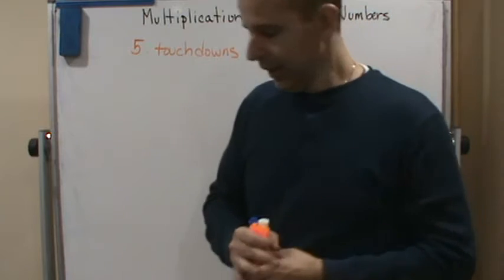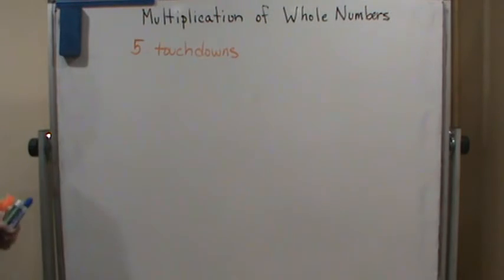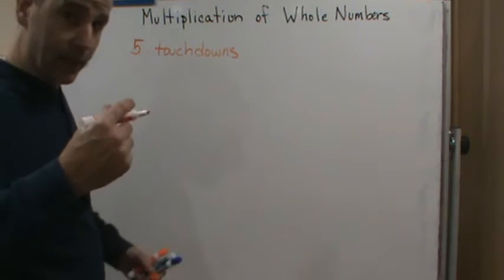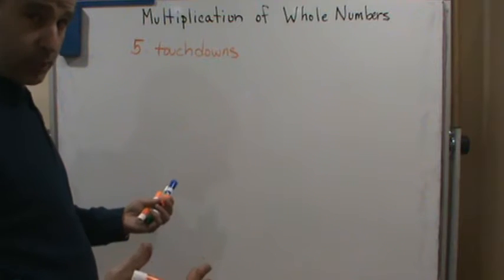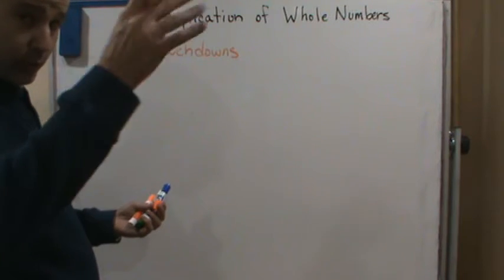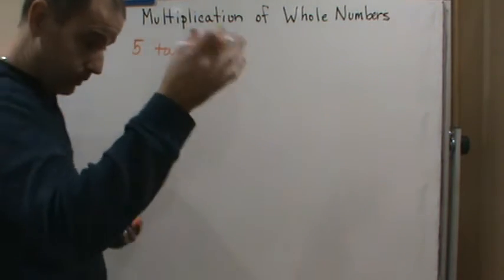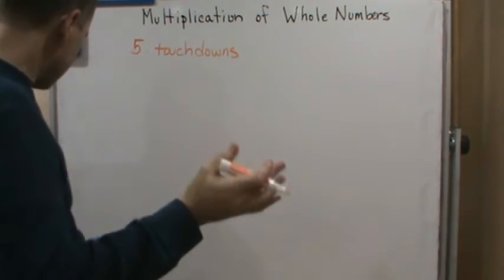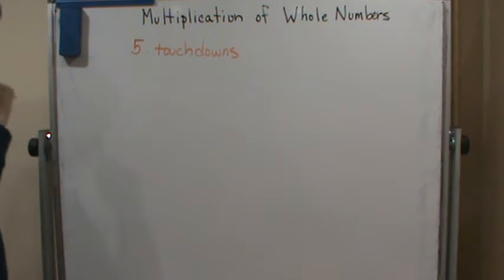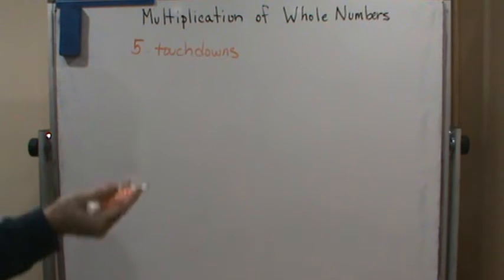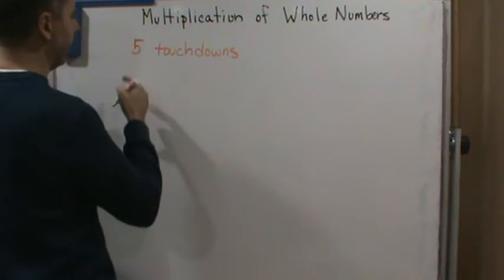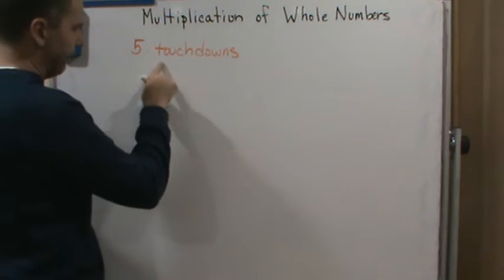For example, if you're watching a game and one team scores 5 touchdowns and you want to know what the score is, well, you can take the fact that each touchdown is worth 6 points, right? Not including the extra point, okay? So 6 points, and if you want to know how many points total that they scored based on that, well, you could say, okay, well, I have 5 touchdowns.